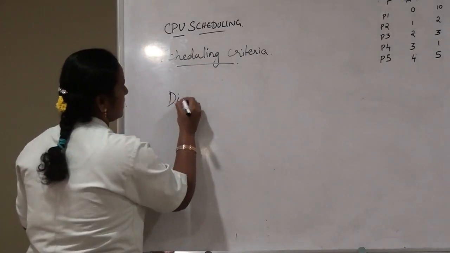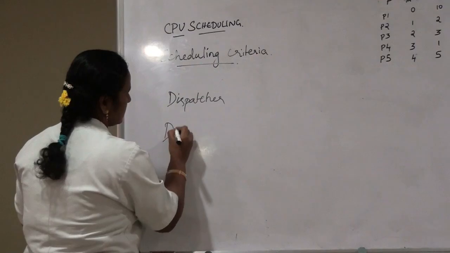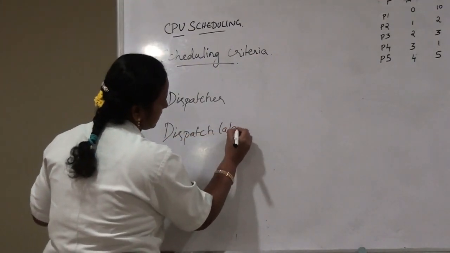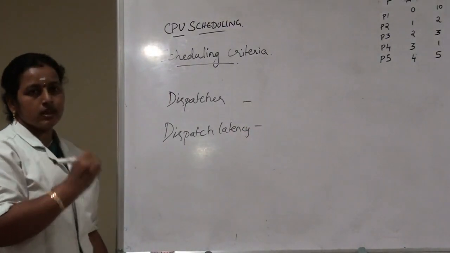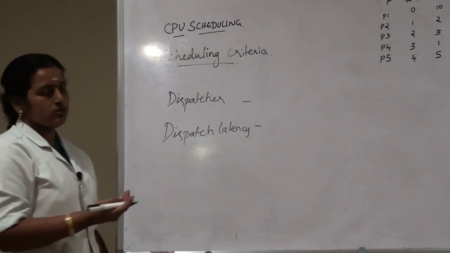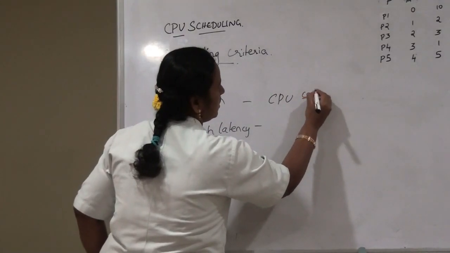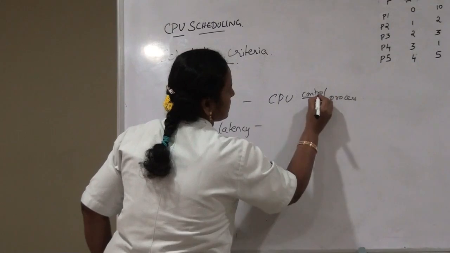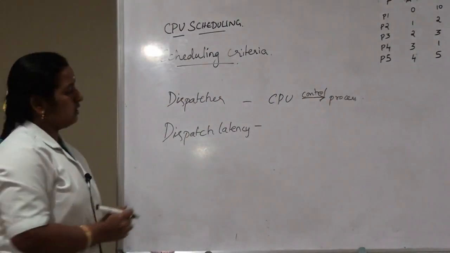Next is the dispatcher and dispatch latency. The dispatcher is nothing but the CPU handing over its control to the process. That is called the dispatcher.